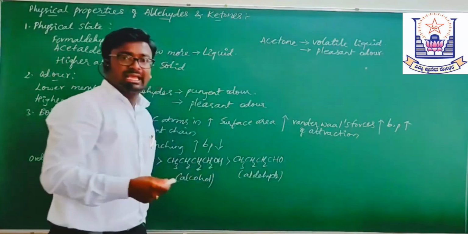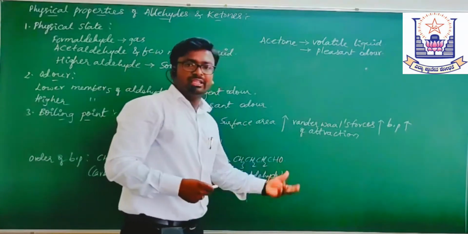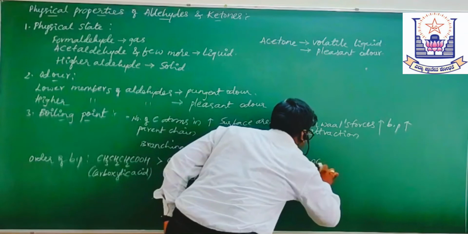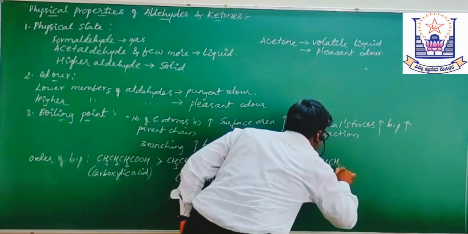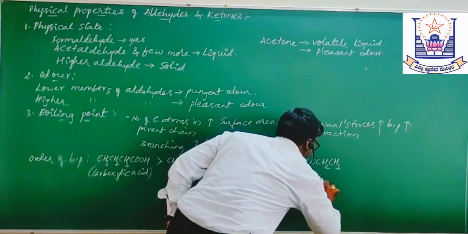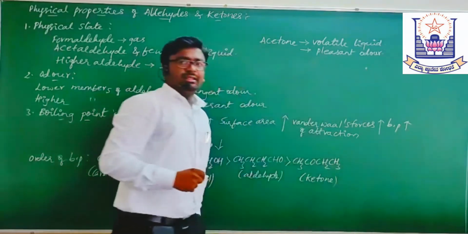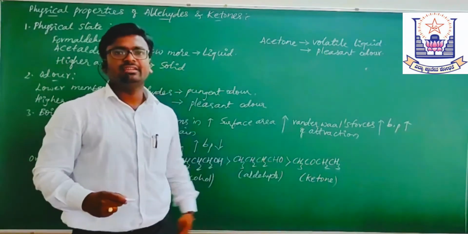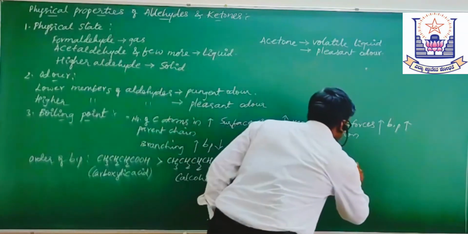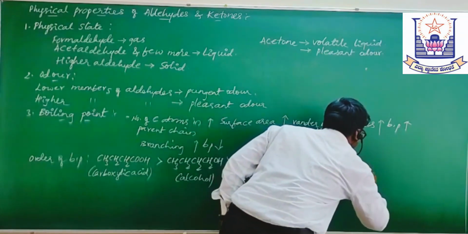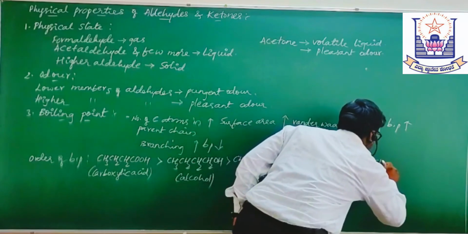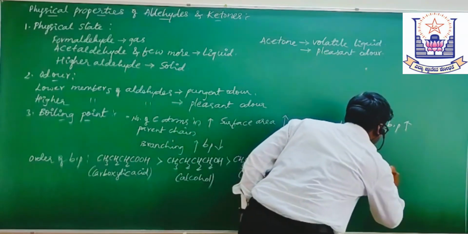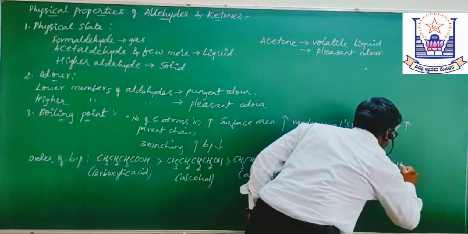Whose BP is higher than the corresponding ketone, that is CH3, CO, CH2, CH3. This is a ketone. Okay. And here the BP of these ketones is higher when compared to the ethers, that is CH3, CH2, O, CH2, CH3.